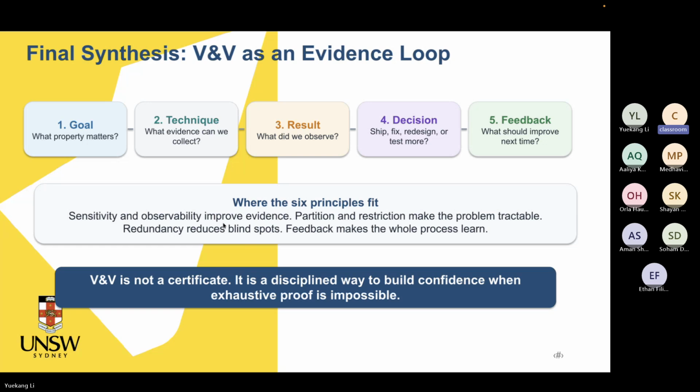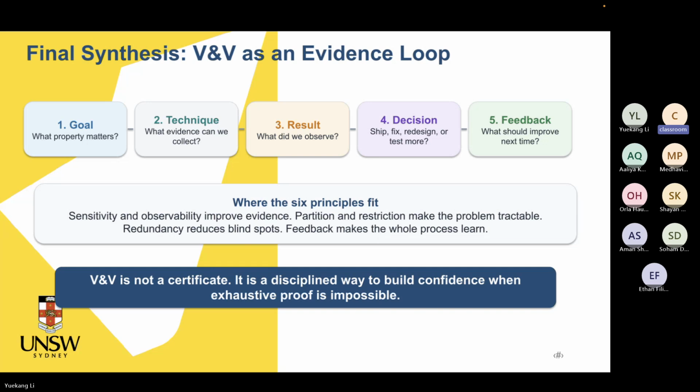Sensitivity and observability can help us to improve the evidence we have, right? Because if we are more sensitive, we can collect more evidence for proving the existence of bugs. If we have better observability, the information is richer, and it can help us to fix the errors more easily later on. And partition and restriction can help us to make the problem more solvable.